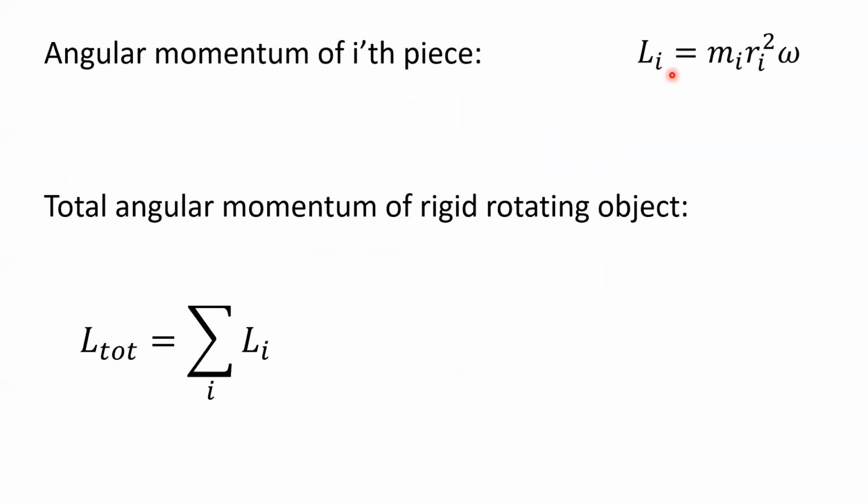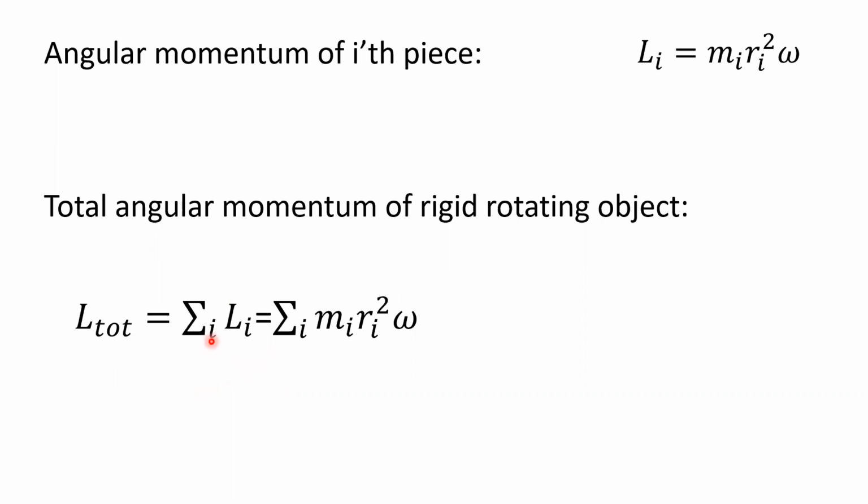If we want the total angular momentum of this entire turbine, we just add up all the individual angular momenta. So sum over i of L sub i, that means L1 plus L2 plus L3, etc., all the way out to the last piece of mass. And I don't know why the typesetting changed here. See, I had the i underneath, and now it's in the corner. Sum up all your L sub i's. Well, here is L sub i.